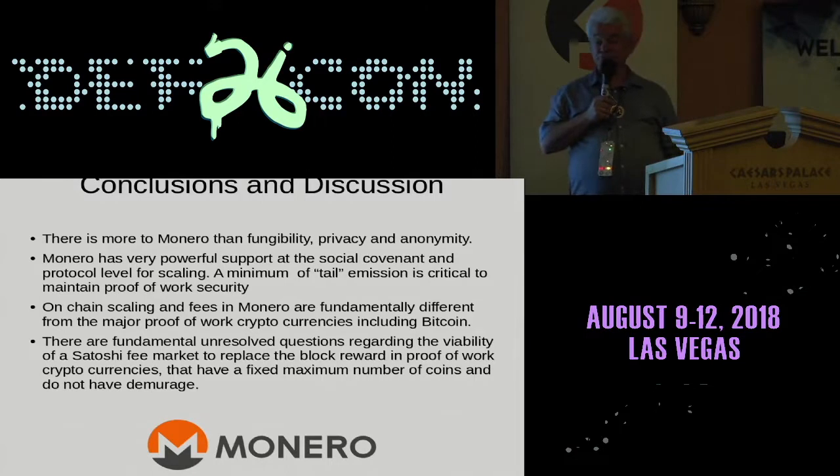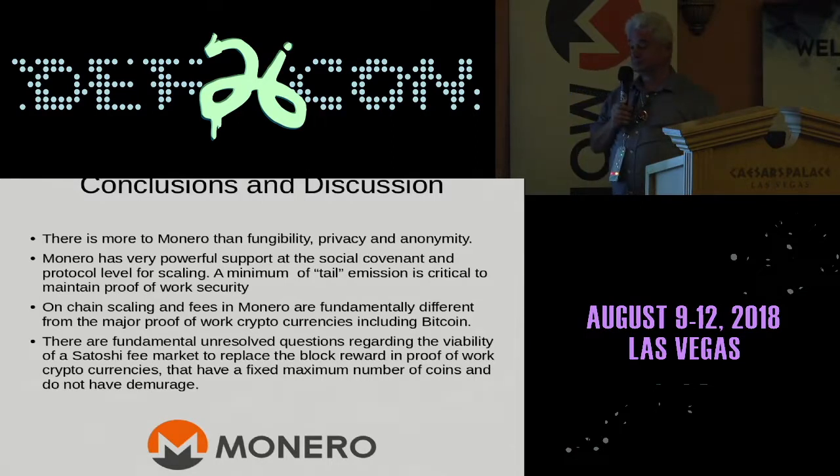Yeah, I think it's really interesting that the social covenant comes from the strong fundamental economics, the strong fundamental science that backs up the protocol. And that makes sense to me. Are there any more questions or comments?